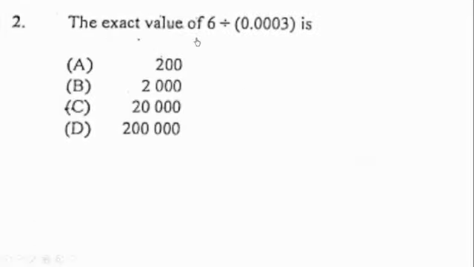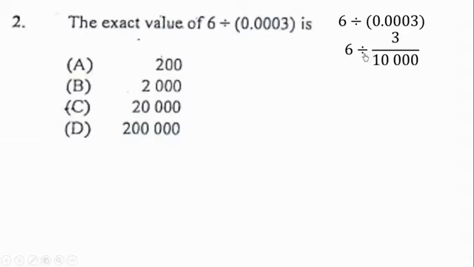The exact value of 6 divided by 0.0003 is, so we just simplify this. We have this 6 divided by 0.0003. So let's change this to a fraction: 3 over, we have 1 2 3 4 zeros, so 3 over 10,000.